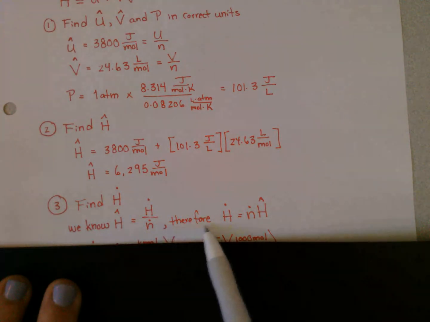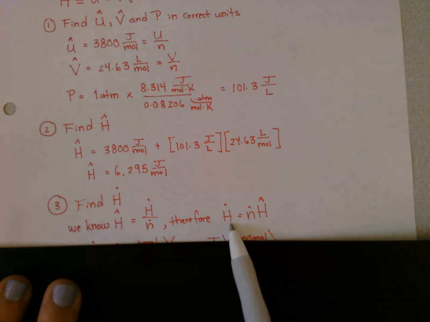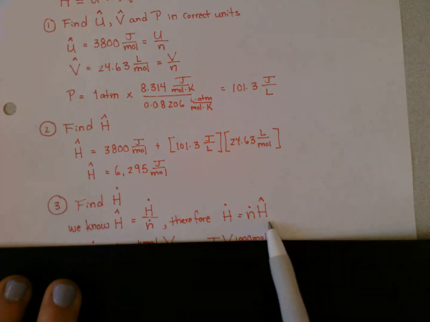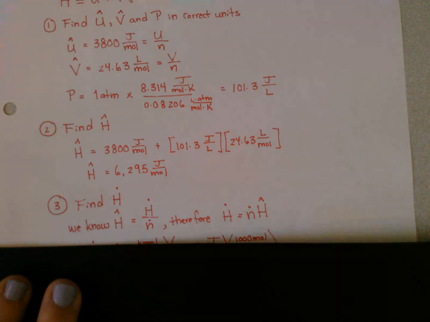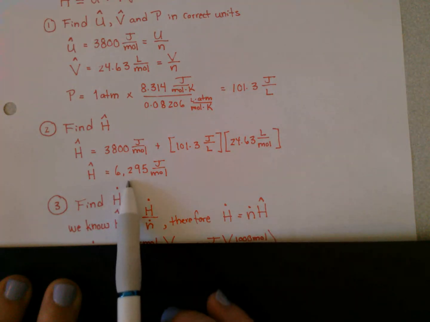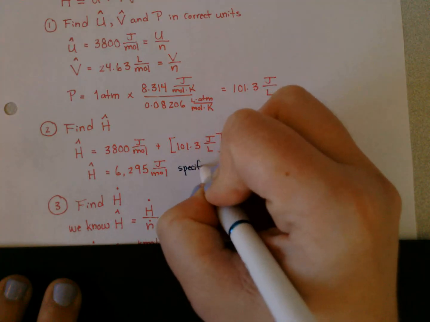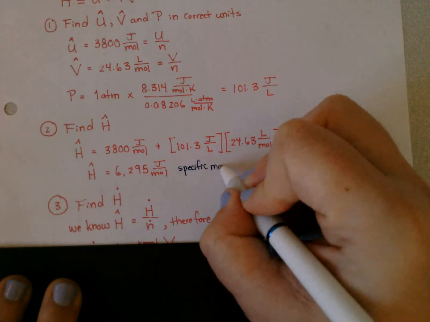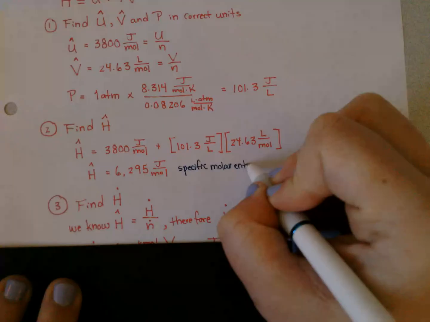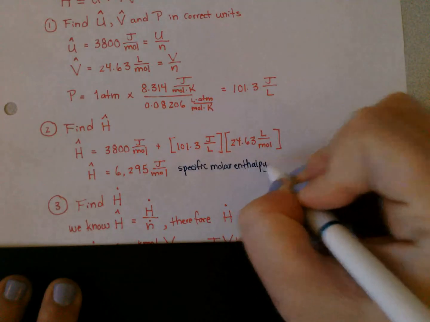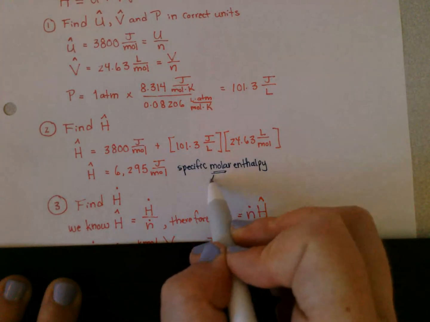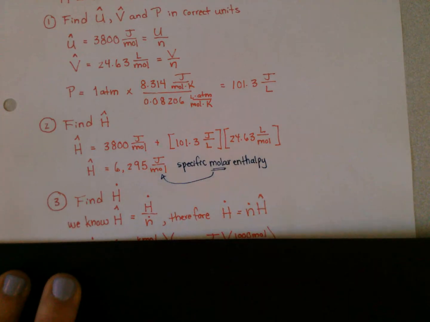Therefore, we can rearrange this equation, and if we want to find H dot, it's going to be the molar flow rate times the specific molar enthalpy in the system. So maybe it would be good to write that down. It's not just the specific enthalpy, it's the specific molar enthalpy, because it's related to moles in the system.